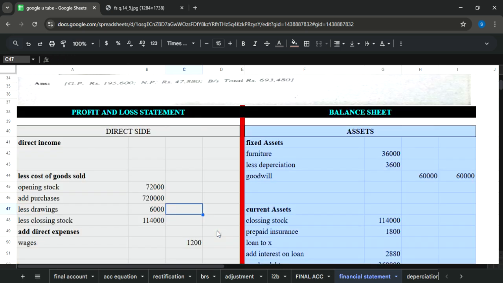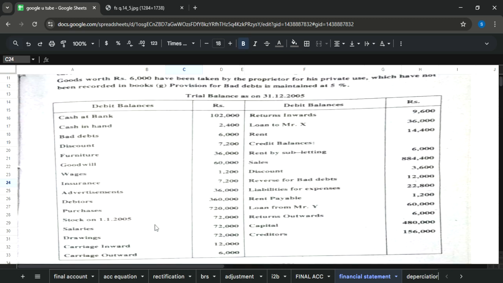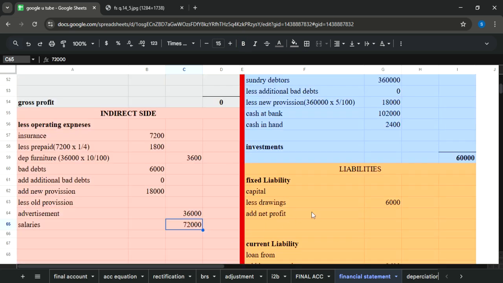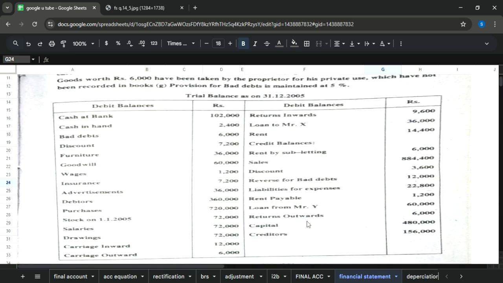Okay, let's see. Salary 72,000. Okay, then we have drawings. Drawing is part of fixed liability, and here 6,000 were already present, but these are new drawings, and the amount is, which we have seen, 72,000 of drawings. Look at here once again, amount of drawings 72,000.